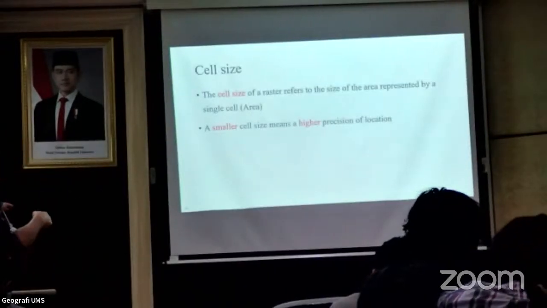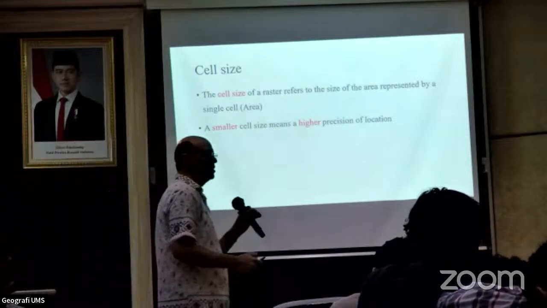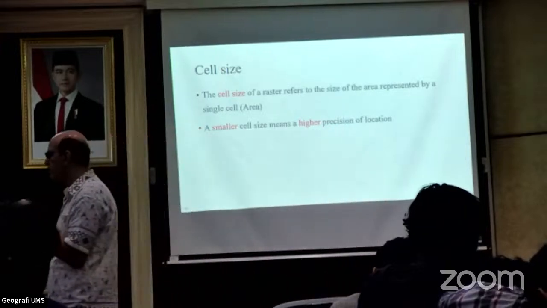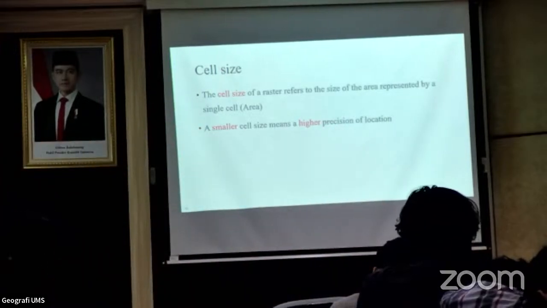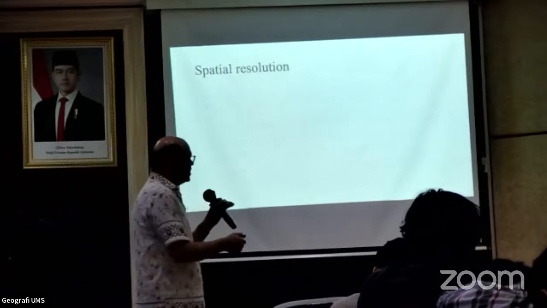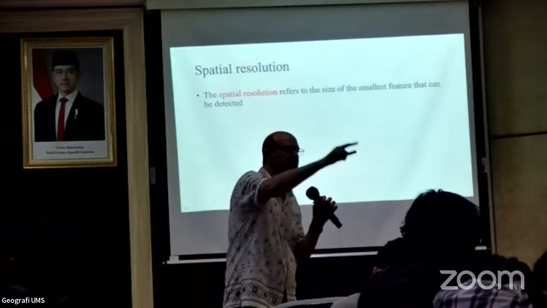Cell size can be smaller or larger, and when you need a precise location, you go with a smaller cell size. The smallest cell size will give you the most precise location. A large cell size leads to coarse resolution. So spatial resolution in raster data is basically cell size.